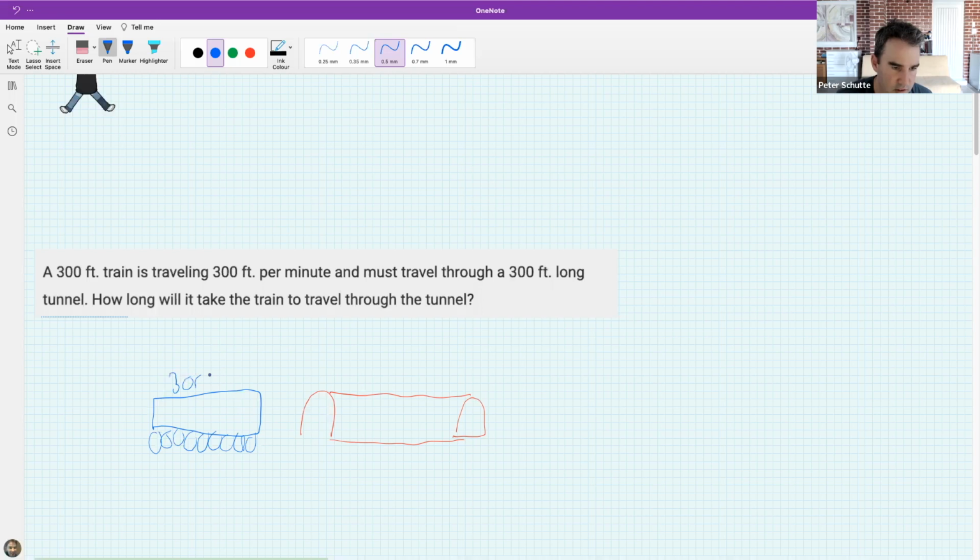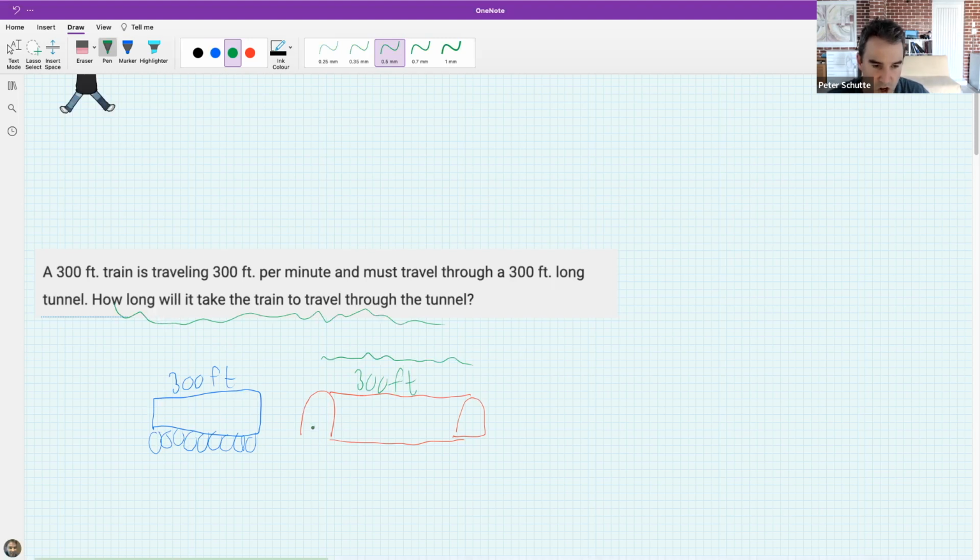So this is 300 foot long, and the tunnel is also 300 foot. So this whole thing is 300 foot, and the train is traveling at 300 feet per minute. How long will it take for the train to travel through the tunnel?